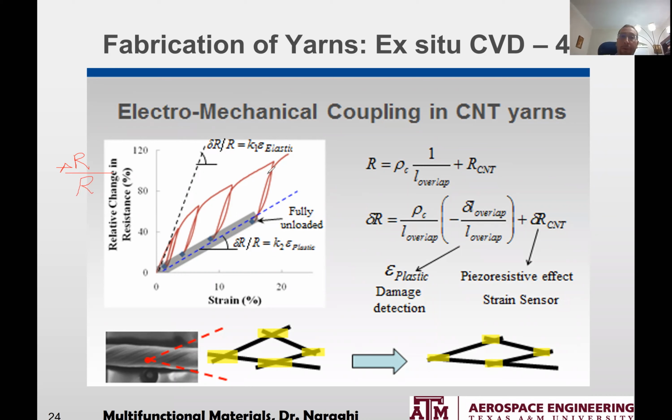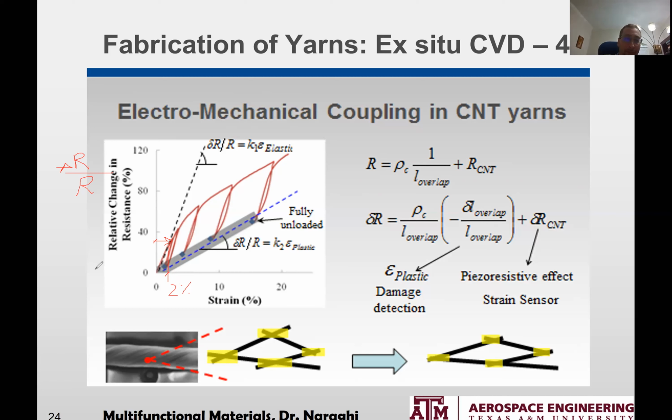There are two components to the change in resistance. Initially, at low strains, up to here, which is about 2% strain, the behavior of the actuator is linear, and delta R over R, we can go to about 35% change in resistance at 2% strain.